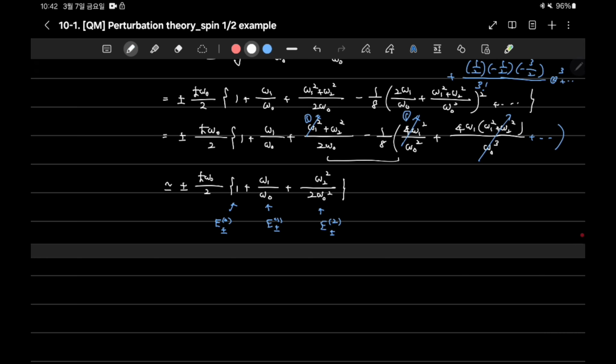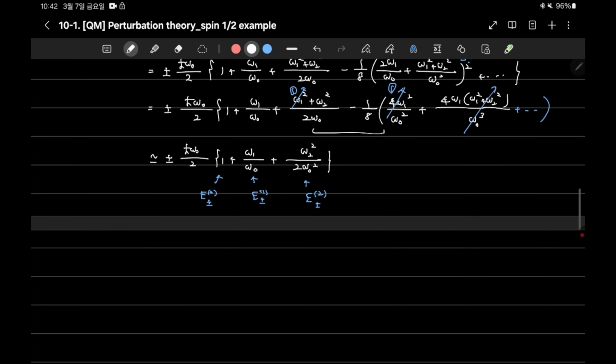So basically, the energy eigenvalue can be written from the zeroth order to the first order to the second order, and we omitted the higher order terms, the third order and beyond.